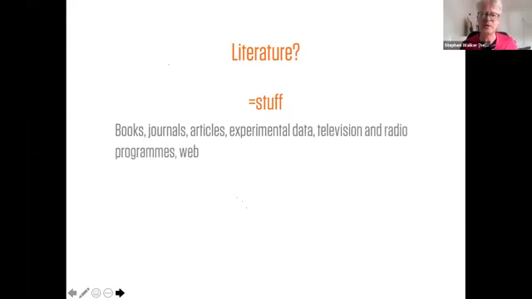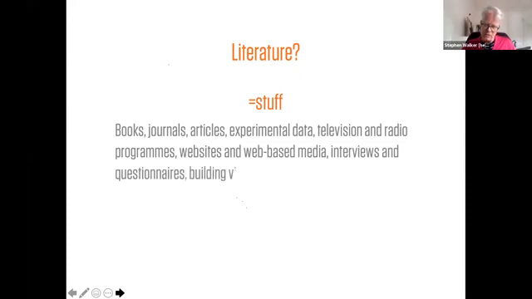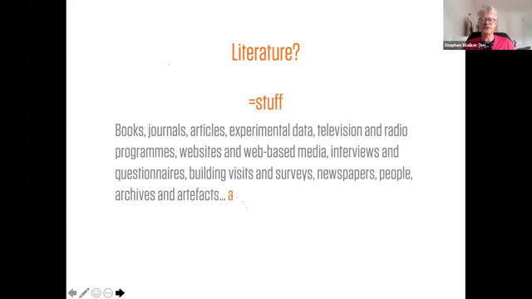So Elaine's been talking about books and journals and articles. She also mentioned documentaries and films, building studies, but it could be a whole range of other things. It could be talking to people, it could be visiting archives, it could be artifacts, buildings, TV programs. All of this stuff counts as literature in the broad sense.